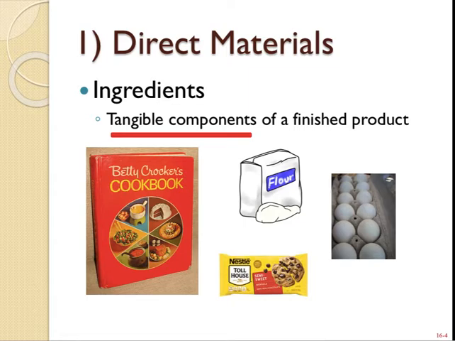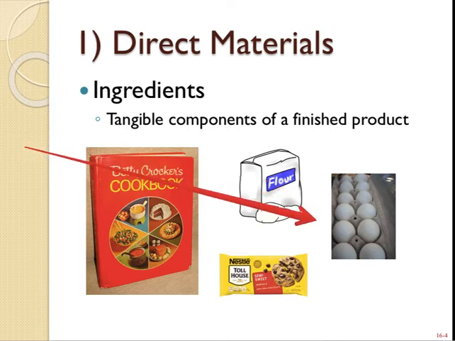They're things, okay? So if you want to know what things go into a product, you would look at the ingredient list like in a cookbook. If I was making cookies, I would look at the ingredient list in the cookbook, and it would tell me flour goes in, eggs go in, chocolate chips go in. So all of these things would be considered direct materials.